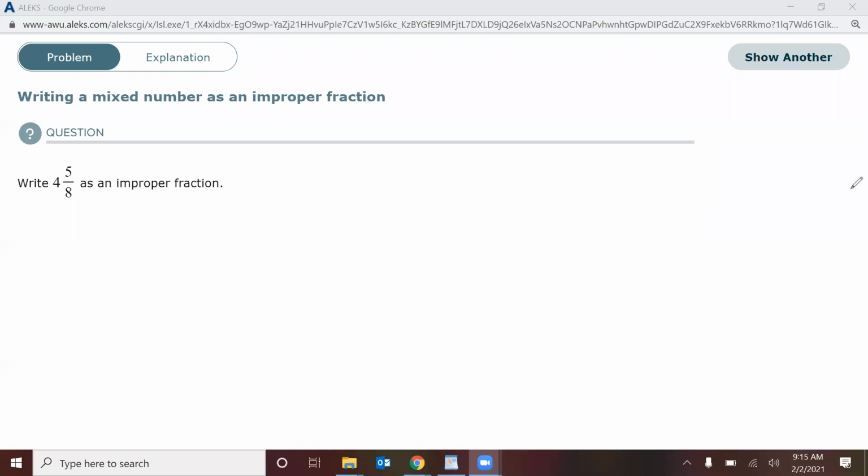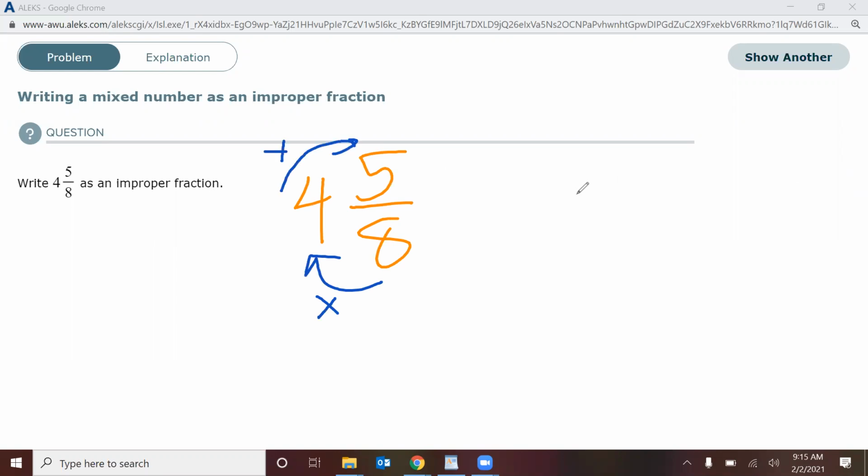Let's try one of these. We need to write 4 5/8 as an improper fraction. To do that, we start by multiplying 4 times 8, which is 32, and then we add the numerator, in this case 5.